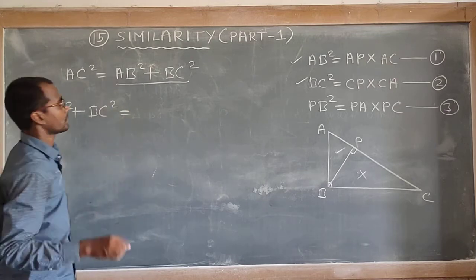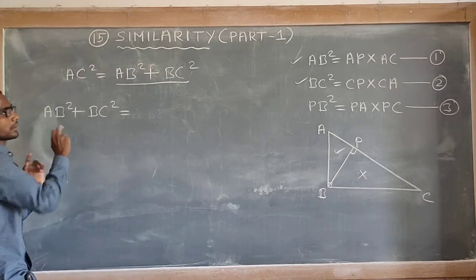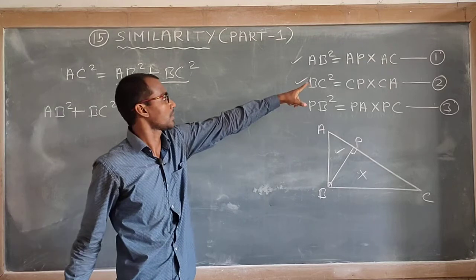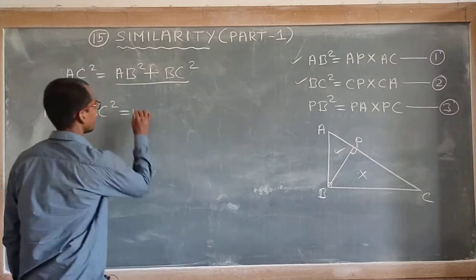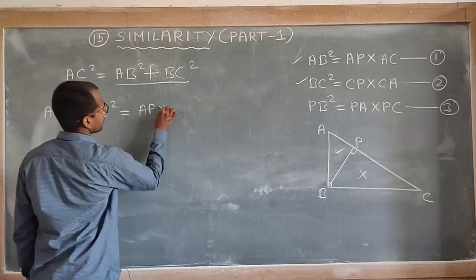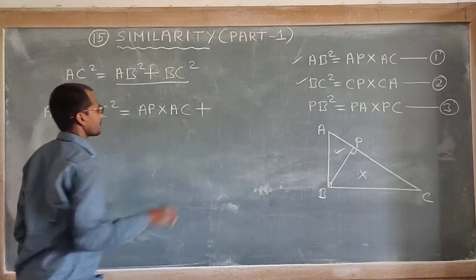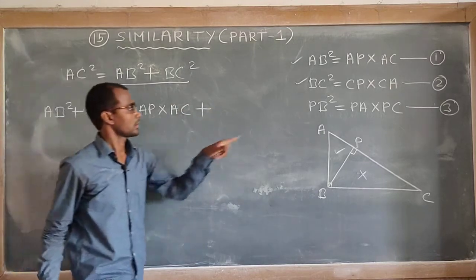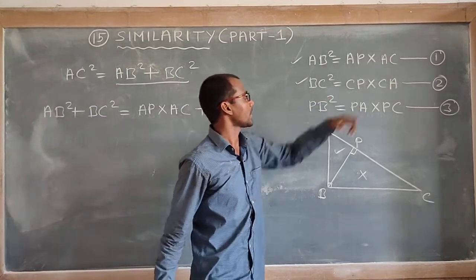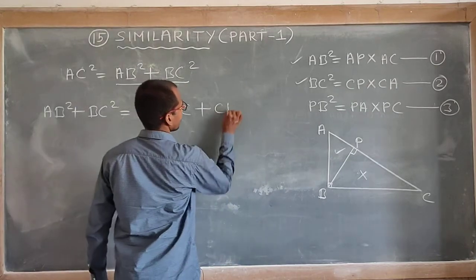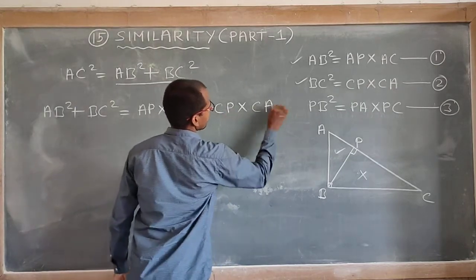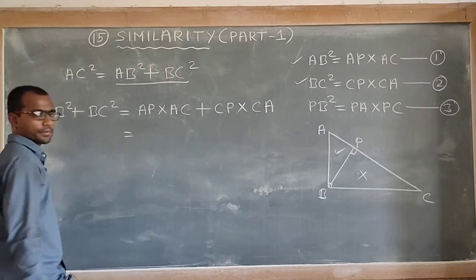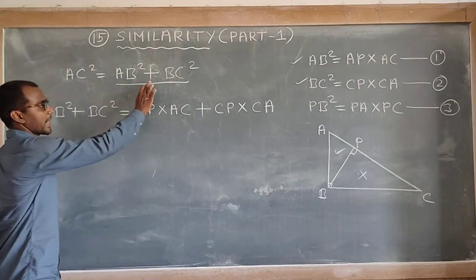Now what is AB square? Look at the first equation: AB square is equal to AP into AC. What is BC square? Look at the second equation: CP into CA.